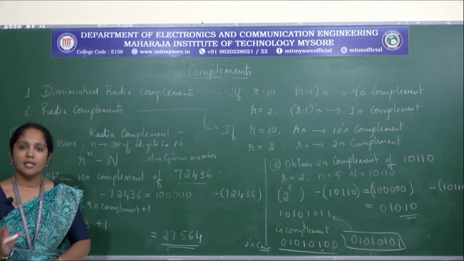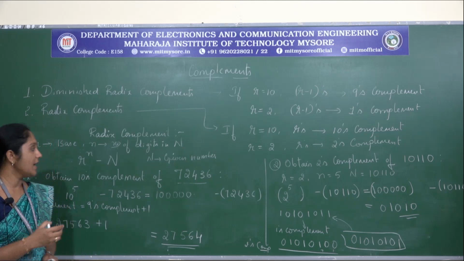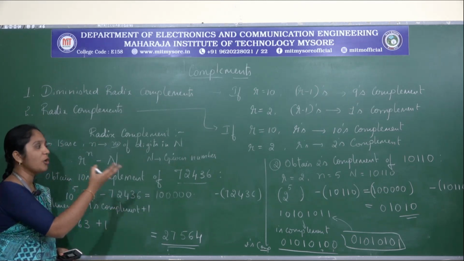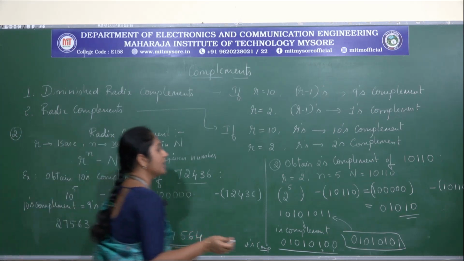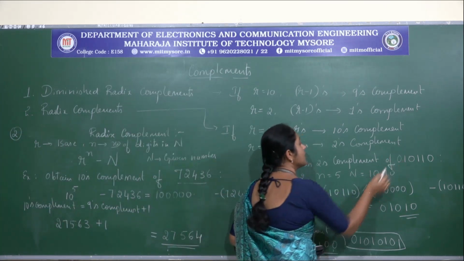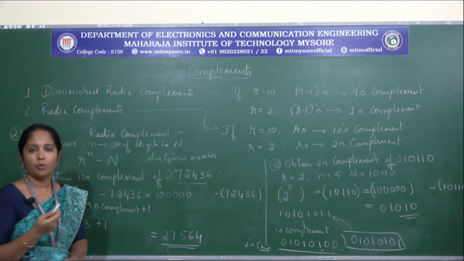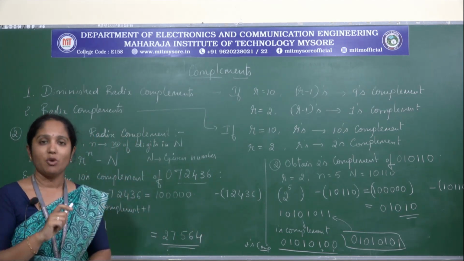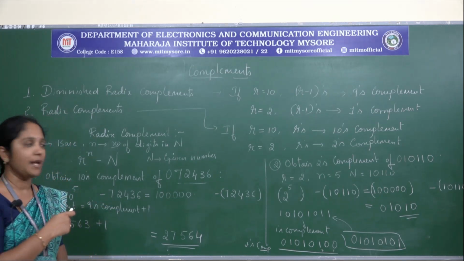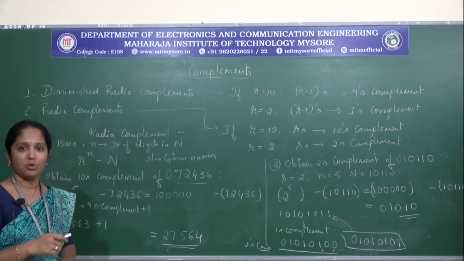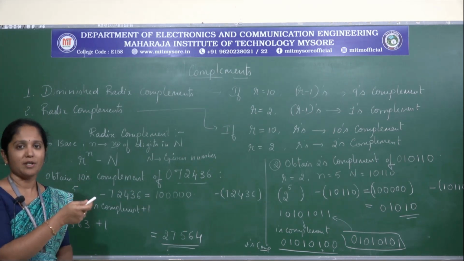This is the procedure we follow. Now, as I said, I need to consider one more example for both the 9's complement as well as the 1's complement, because if we have a 0 here, how do we need to proceed with that? So I am going to consider that example and explain how to obtain the 9's as well as the 1's complement.